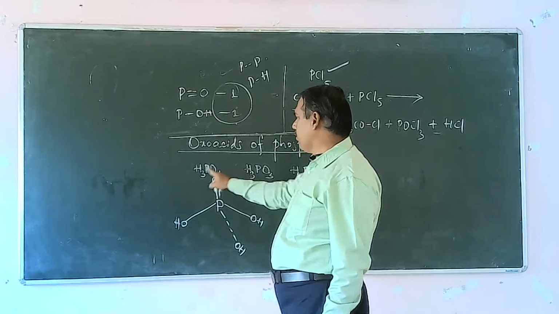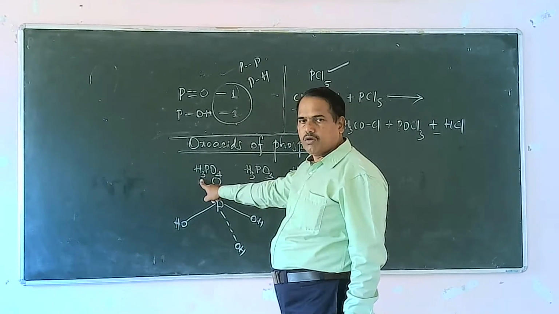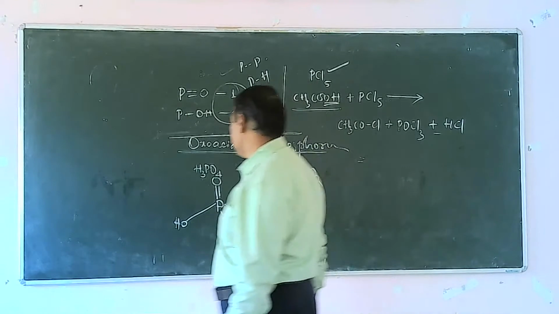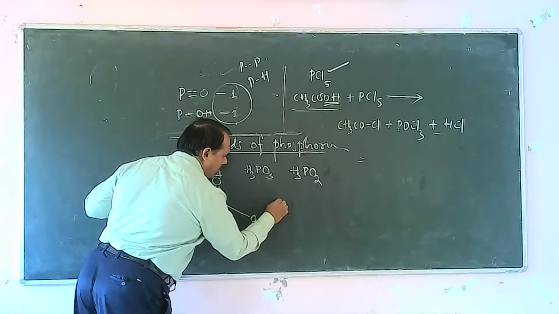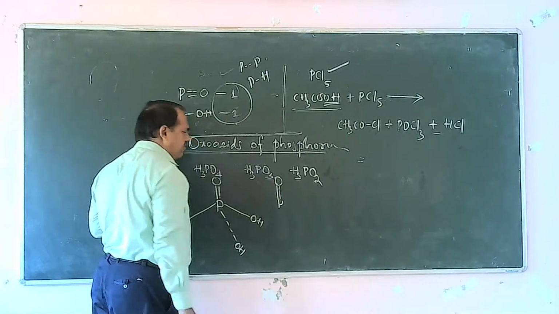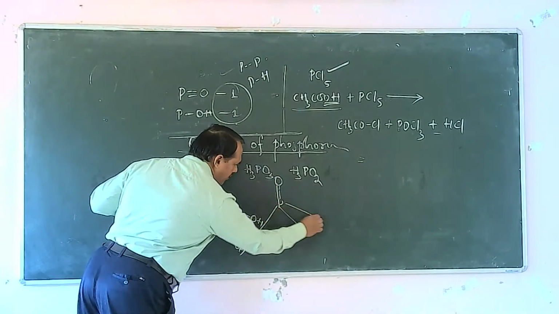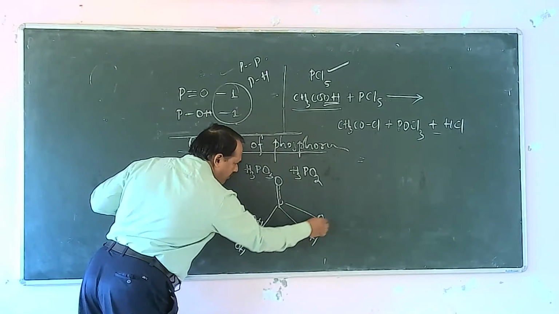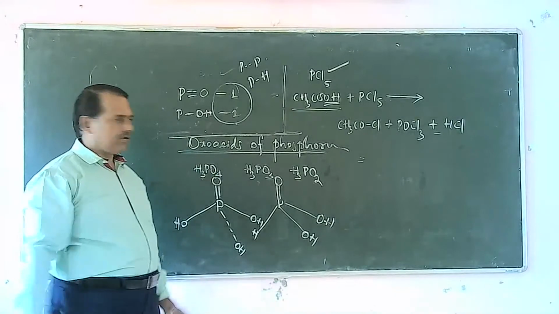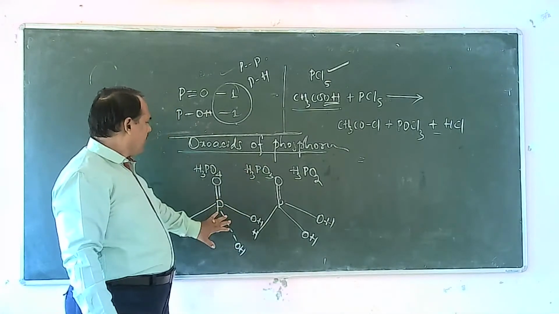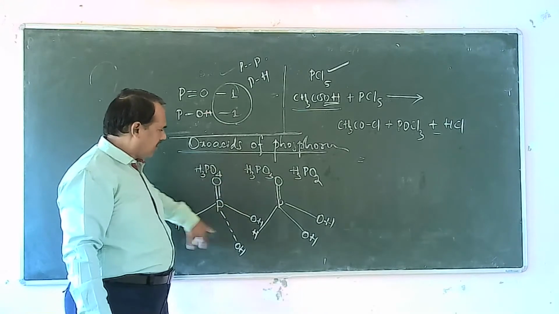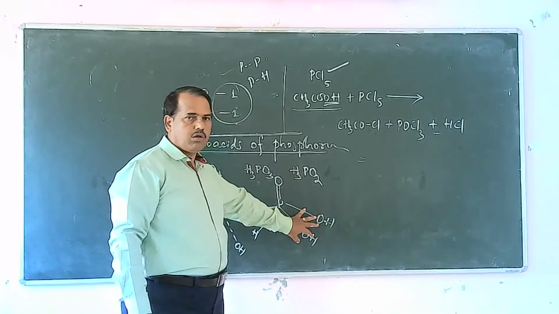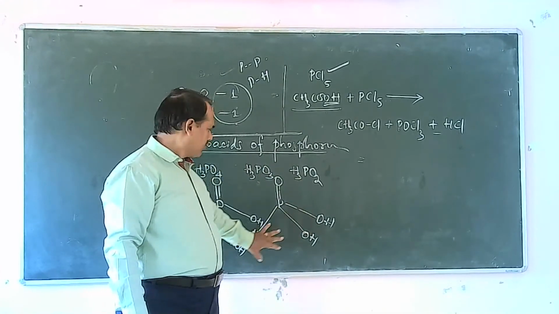If you wrote easily the structure of phosphoric acid, we can easily write the next. See, this is H3PO3, with phosphorus bonded to oxygen, again tetrahedral in nature. So this has one P=O and two OH. Are you clear? See, how many P-OH bonds are in phosphoric acid? 3. How many P-OH bonds are there in phosphorus acid? 2. By knowing the structure, you can easily understand.